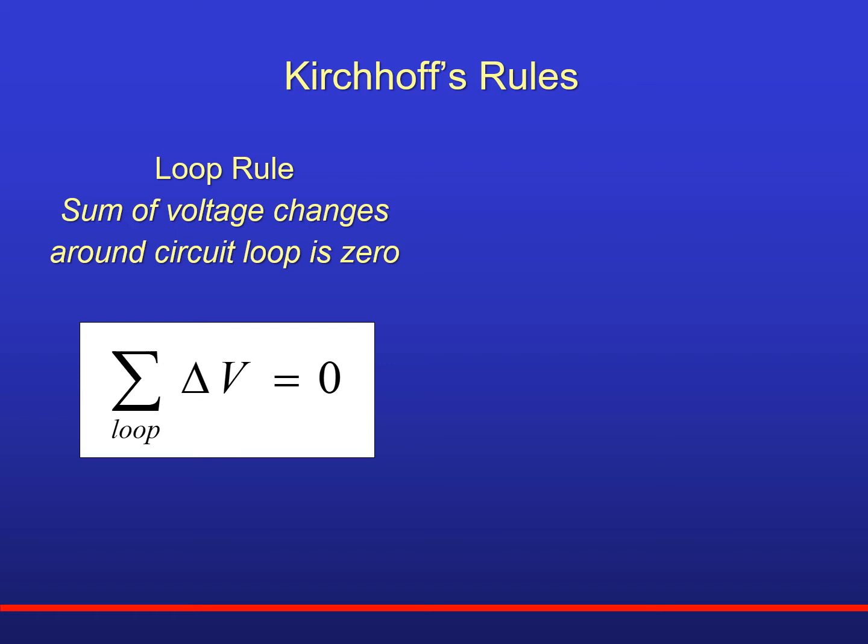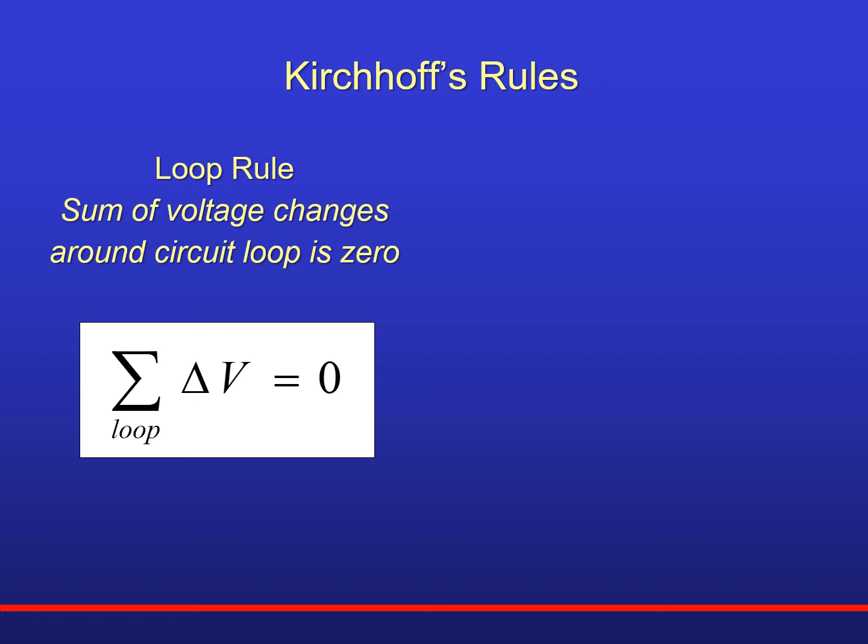The first character that you see is the Greek letter sigma. It's a capital sigma. The Greek letter S stands for summation. That first character is sigma for summation, and underneath it is written loop. It means sum the thing that follows over the whole loop.